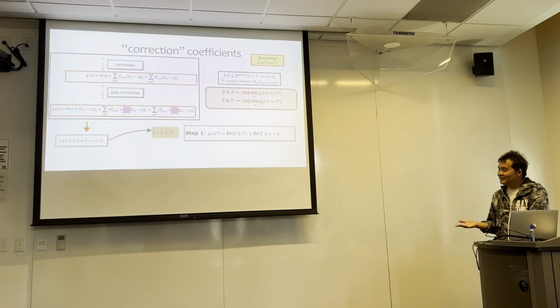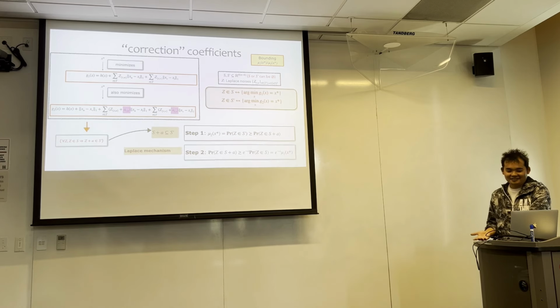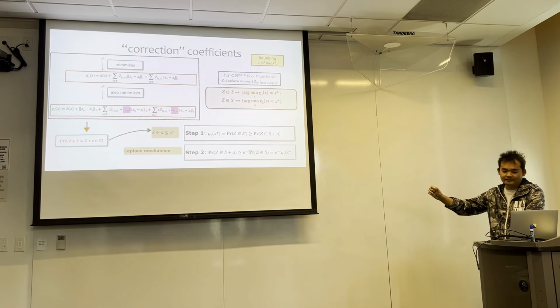Okay, so it might still be hard to guess what I'm trying to do. Here's the second part. On the other hand, if the noise comes from a Laplace distribution, then there's a very natural bound between the probability of Z in S and the probability of Z in S plus A, because it comes from the basic Laplace mechanism.